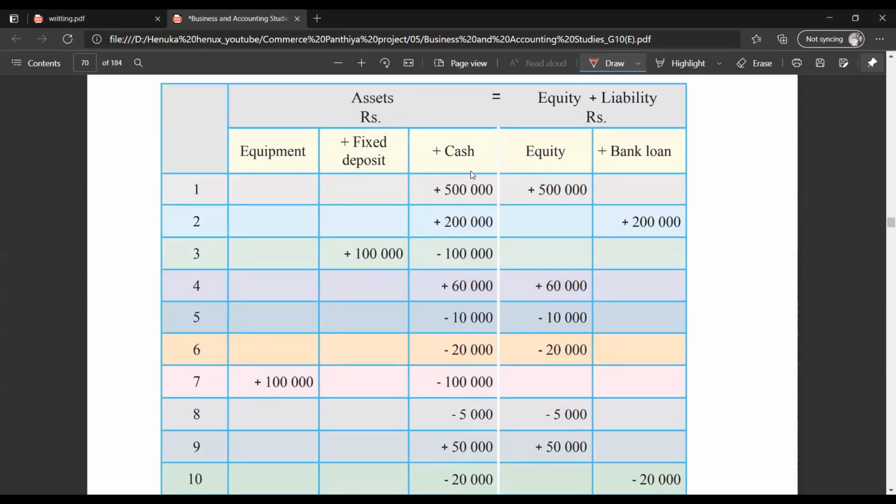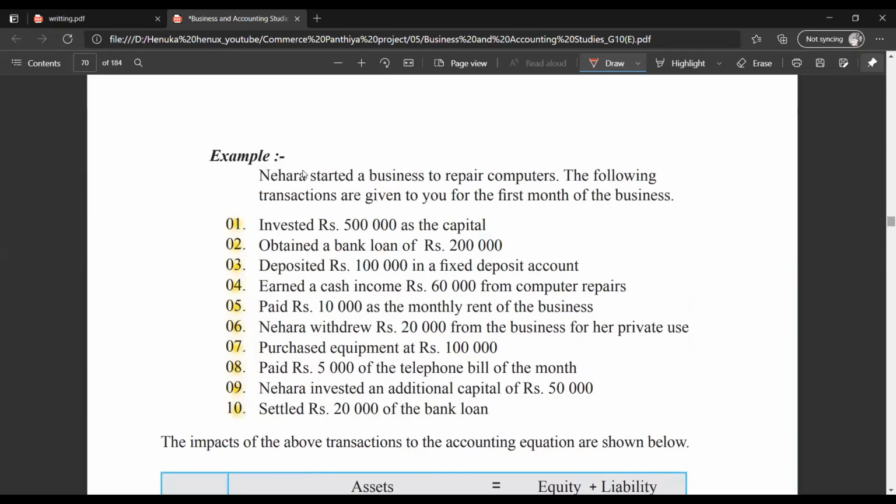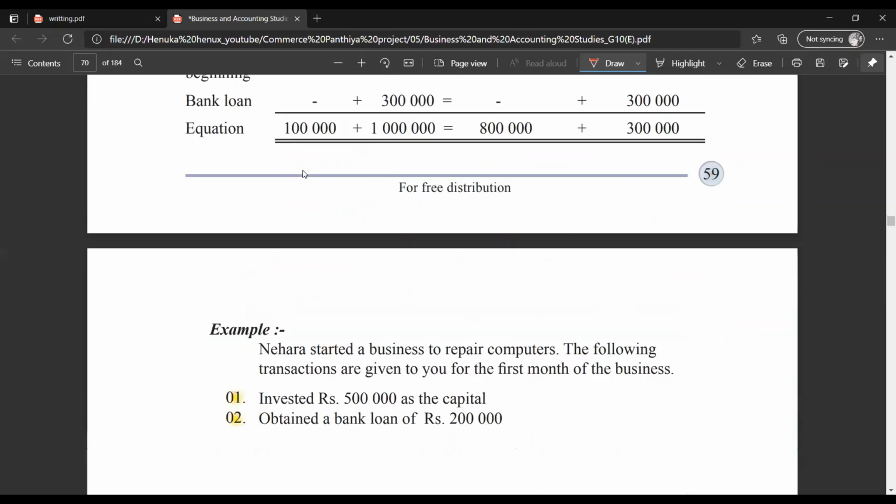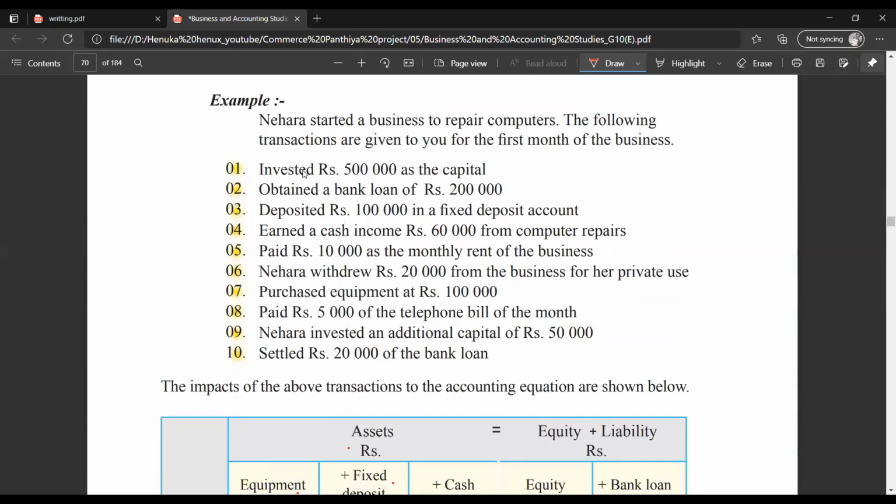That means assets equals equity plus liabilities, and they have further divided it into equipment, fixed deposits and cash. ඒ කියන්නේ එයාලා assets equals liability plus equity කියන equation එක further divide කරලා තියෙනවා මෙන්න මේවට, right? හැබැයි මේ example එක අනුව එයා අලුතෙන් start කරලා තියෙන්නේ නේද? එයාගේ business එක newly start.